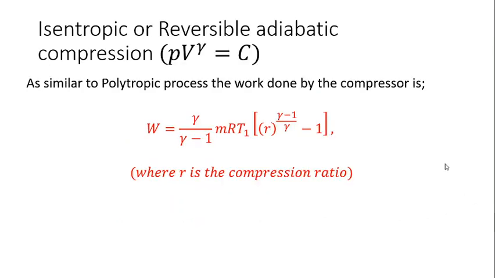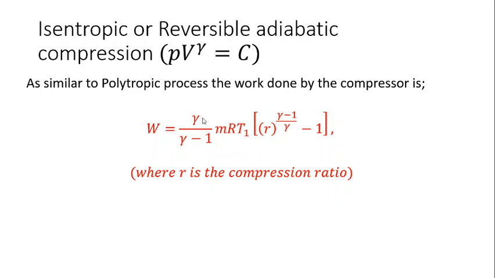Similar to polytropic process, in isentropic or reversible adiabatic compression, the equation is PV raised to gamma is a constant. The only difference is, instead of N, you write gamma.